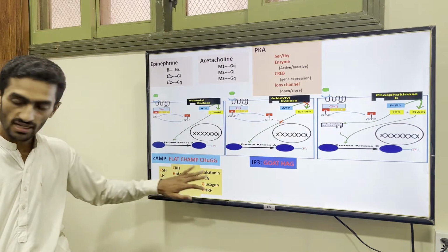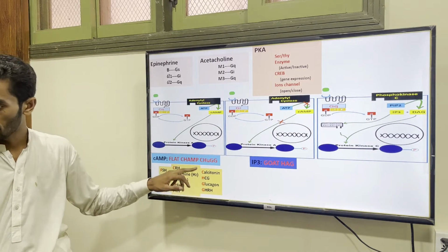So all these hormones use the cyclic AMP pathway.